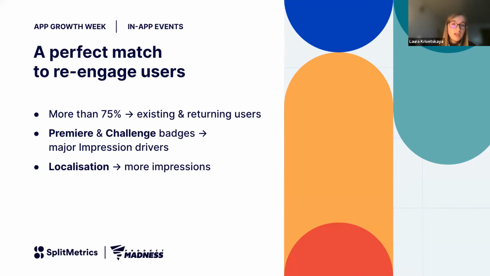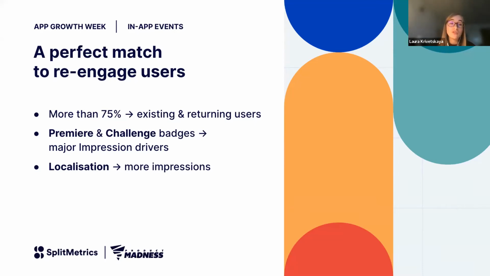As for particular badges, out of the 7 available badges, we tested them all and noticed that the Premier badge and the Challenge badge work pretty well, and they were major drivers in terms of impressions.